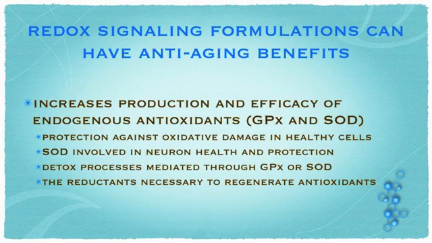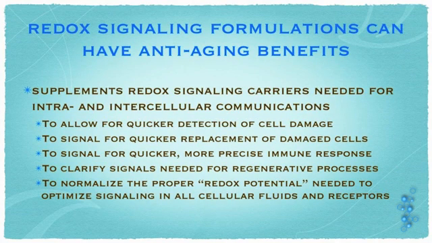And of course, reductants, these negatively charged species, are necessary for the regeneration of antioxidants in our cells. Anti-aging benefits are also seen when we notice that there's quicker detection of cell damage, quicker replacement of damaged cells, a more precise immune response, and an activation of a proper redox potential that optimizes signaling and communication in our cells.